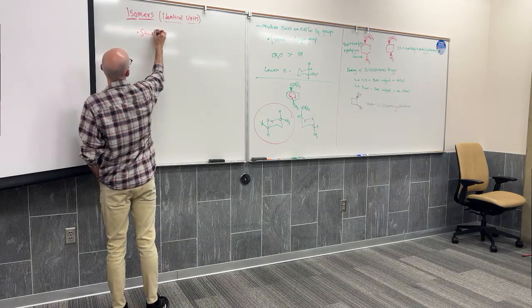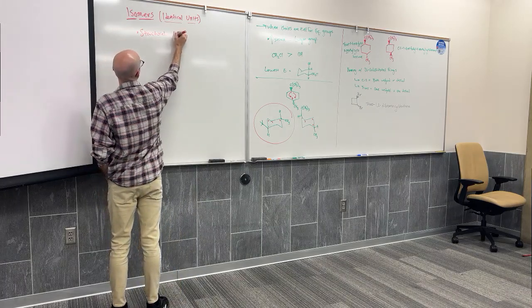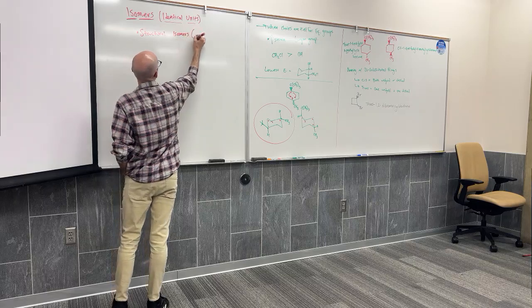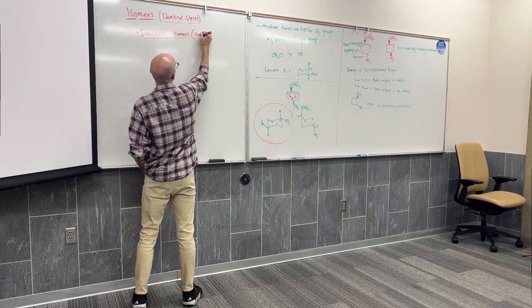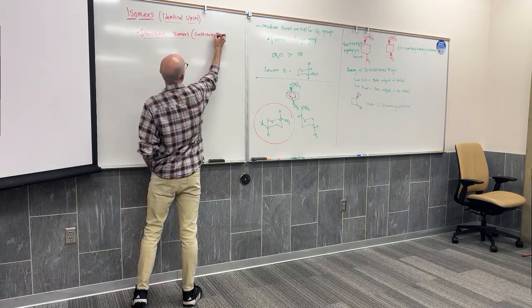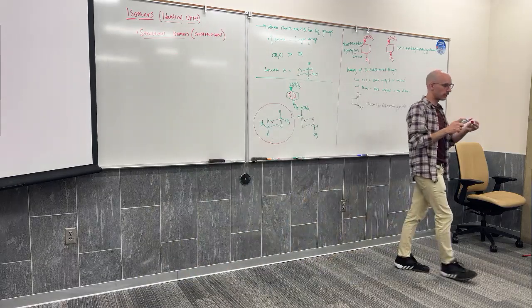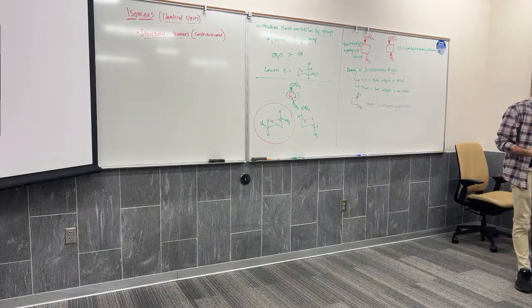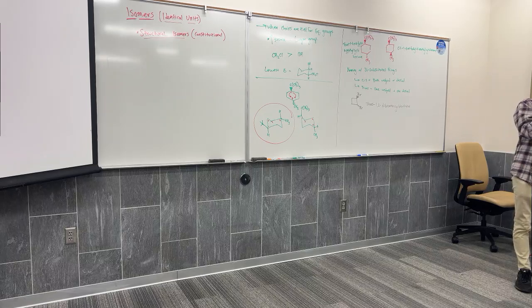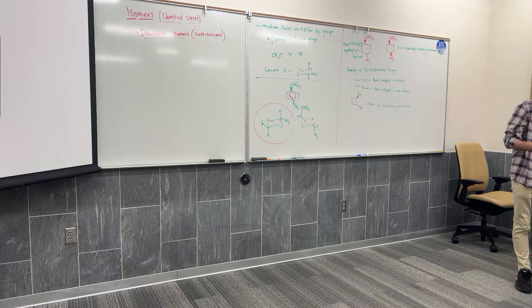There are structural isomers. Although I want you to be familiar with their legal name too, which is constitutional isomers. Constitution meaning the buildup of the structure. Structural being a little bit more direct there.